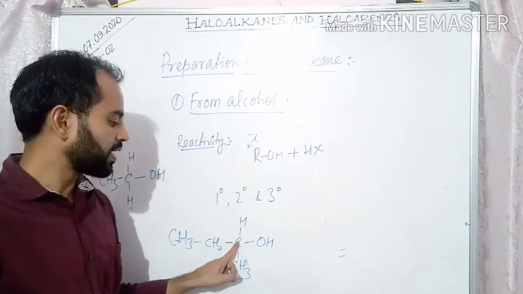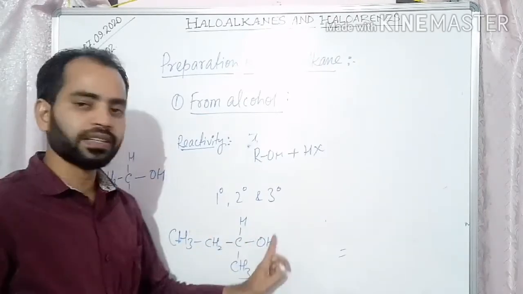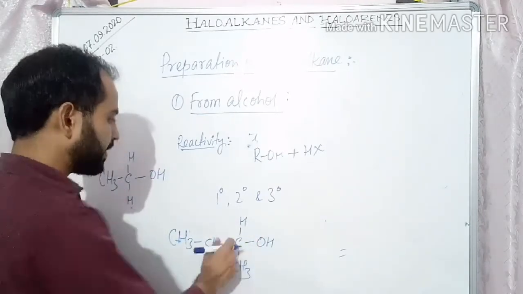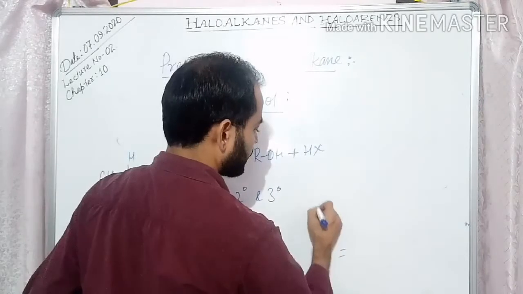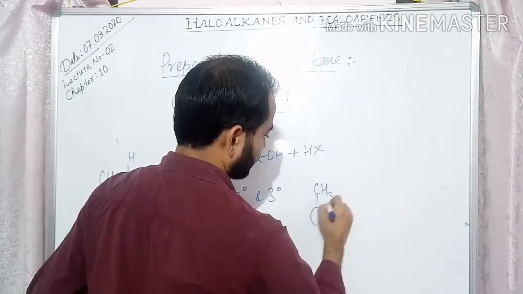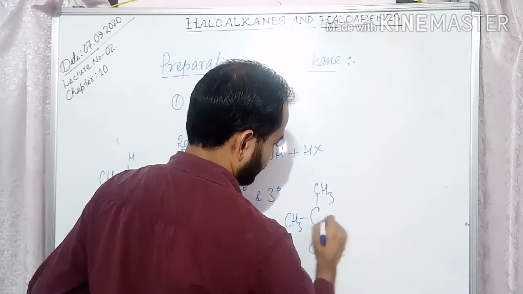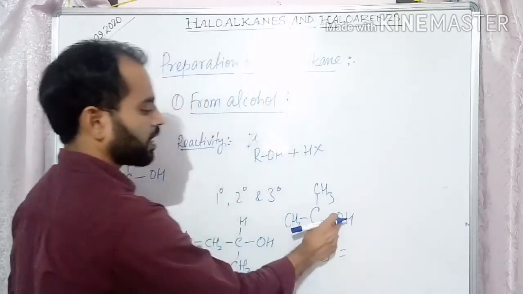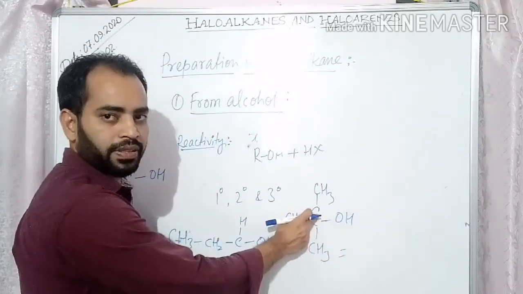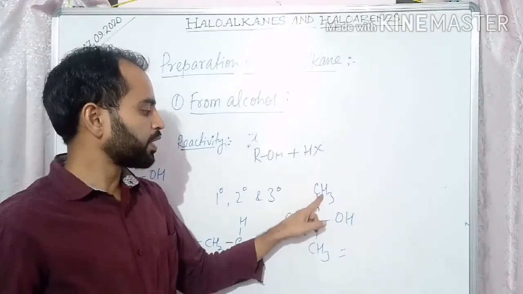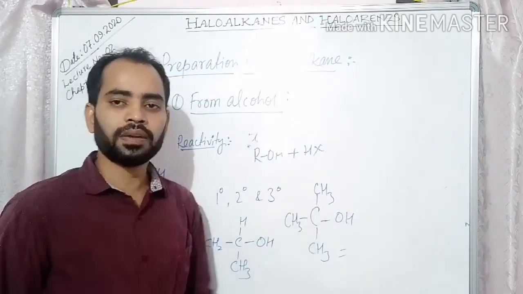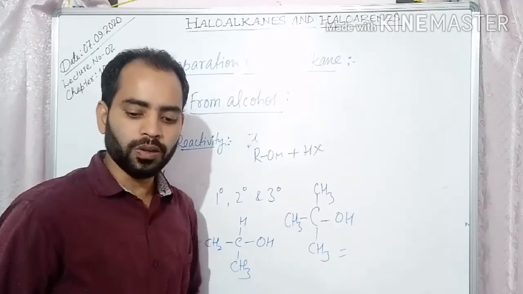So this is a secondary carbon and this becomes a secondary alcohol. Similarly, tertiary alcohol is, so this is the OH group attached to this carbon and this carbon is directly bonded to three different carbon atoms, so it is a tertiary alcohol.